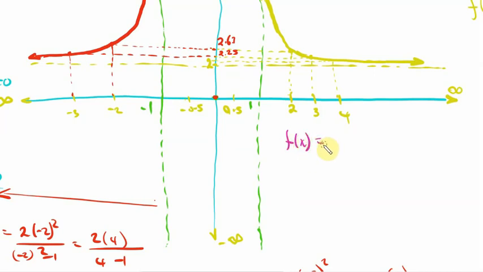If x was 0.5, it will be 2 multiplied by 1/2 squared, divided by 1/2 squared minus 1.